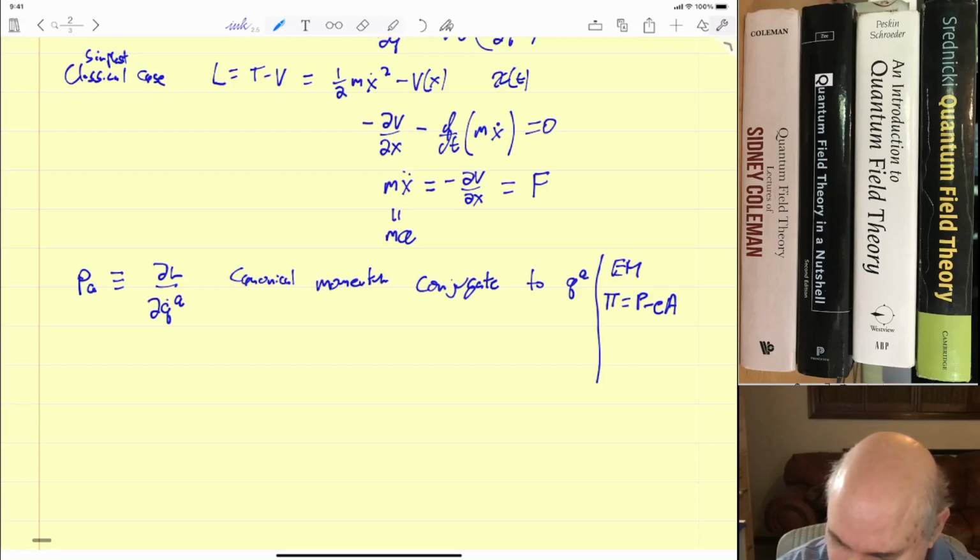So it's not just p. There are sometimes corrections to the canonical momentum depending on the Lagrangian.